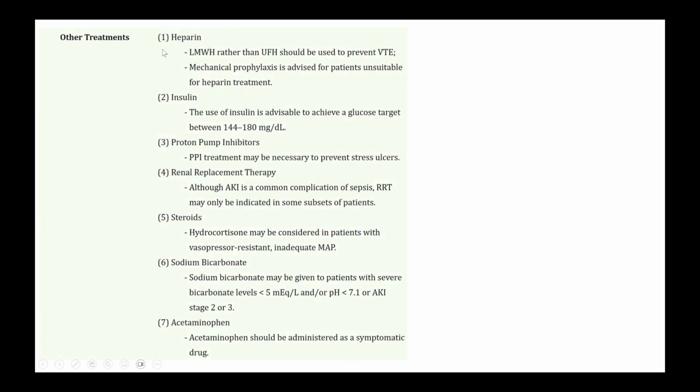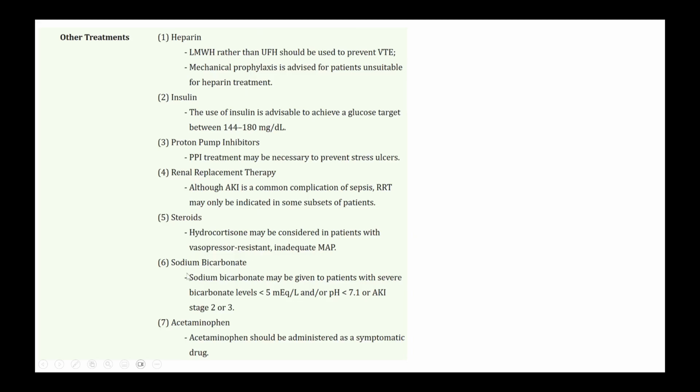So you have to sometimes use heparin, both to prevent microthrombi as well as DVT, or you have to go for low molecular weight heparin. You have to use insulin for maintaining the blood sugar levels, and you have to give a proton pump inhibitor. If the kidney perfusion is affected and renal function is getting deranged, you have to think of renal replacement therapy, and steroids to support the vasopressors in case vasopressors alone are not effective.